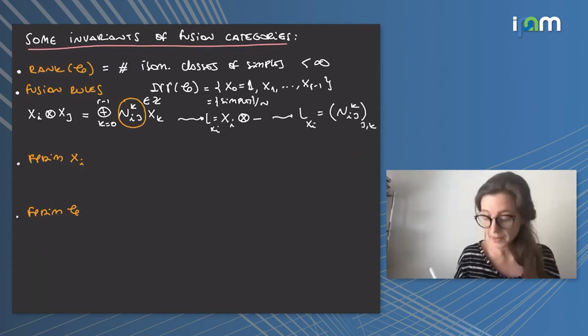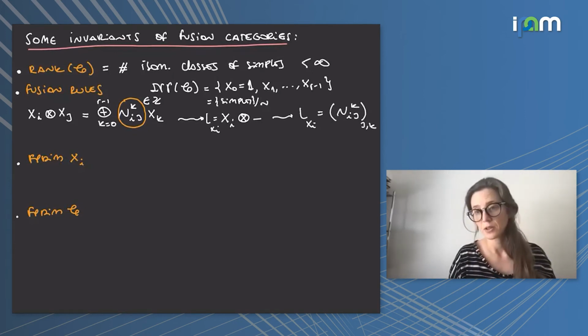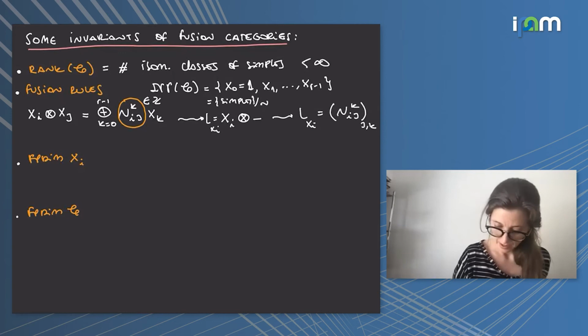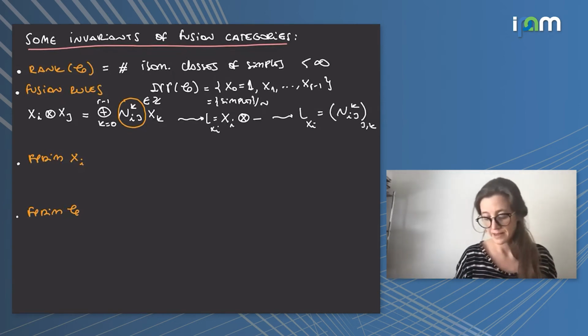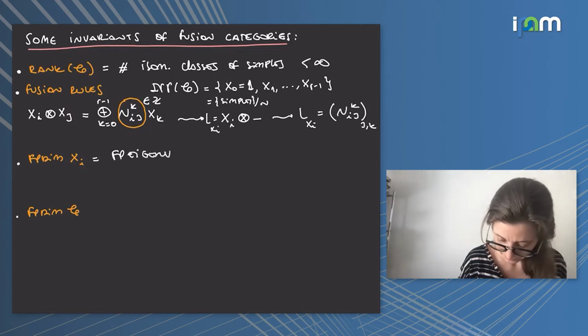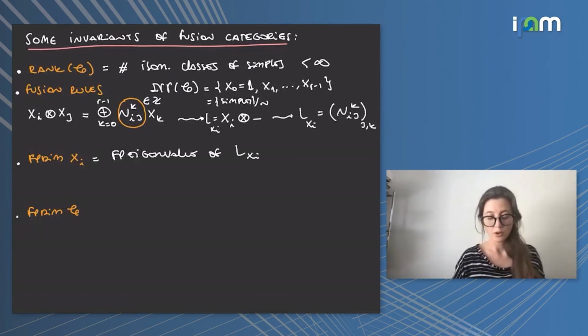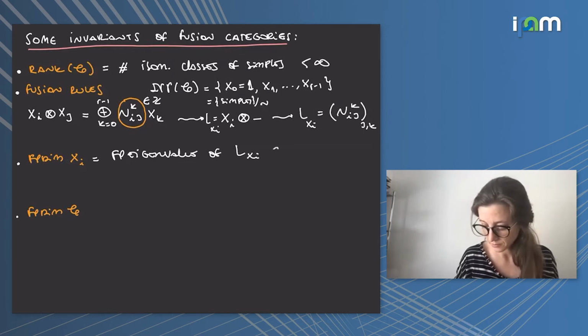And this is a nice matrix because it has all non-negative integer coefficients. So by the Frobenius-Perron theorem, this matrix has a maximal non-negative real eigenvalue. That eigenvalue is called the Frobenius-Perron eigenvalue of the matrix. It is what is called the Frobenius-Perron dimension of my object. And this will always be a real number.